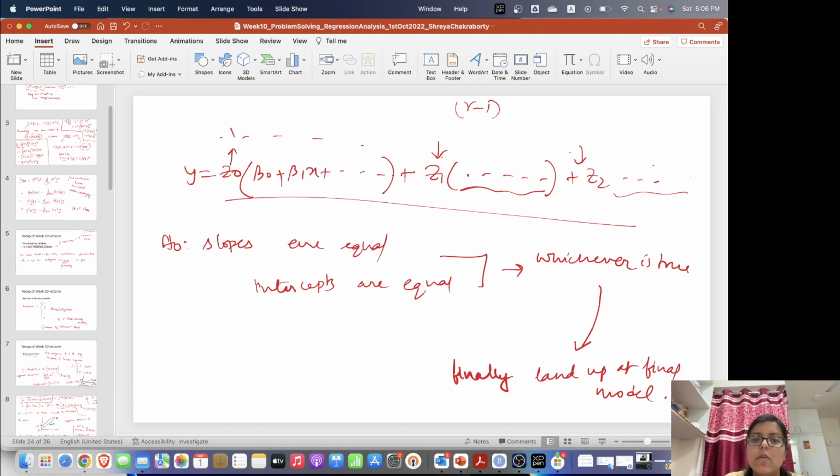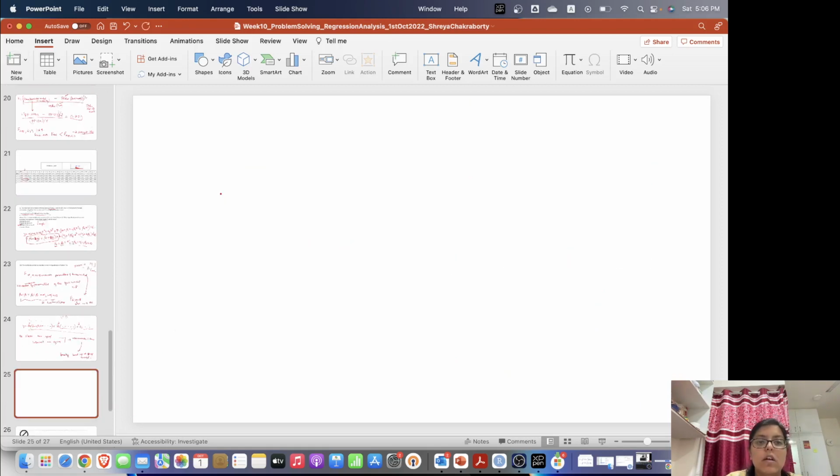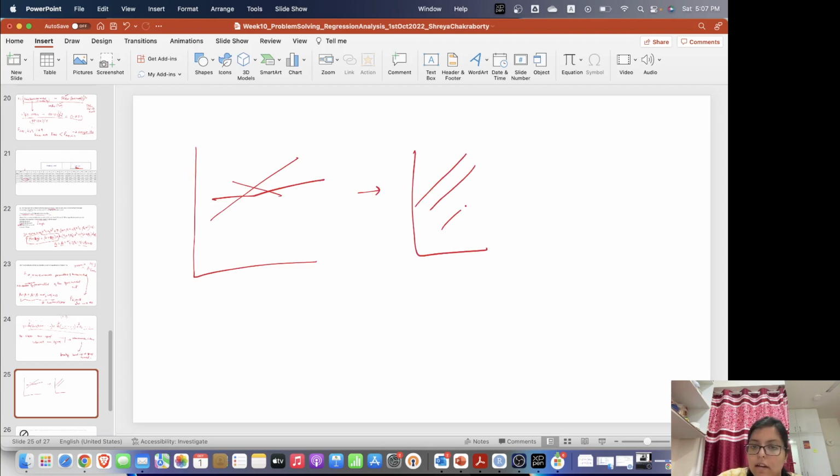So first you check if all three lines are actually needed. That was for two categories. Here, if you have three lines, first you are assuming something like this. Then you could assume all are parallel. You could assume that all intercepts are the same.